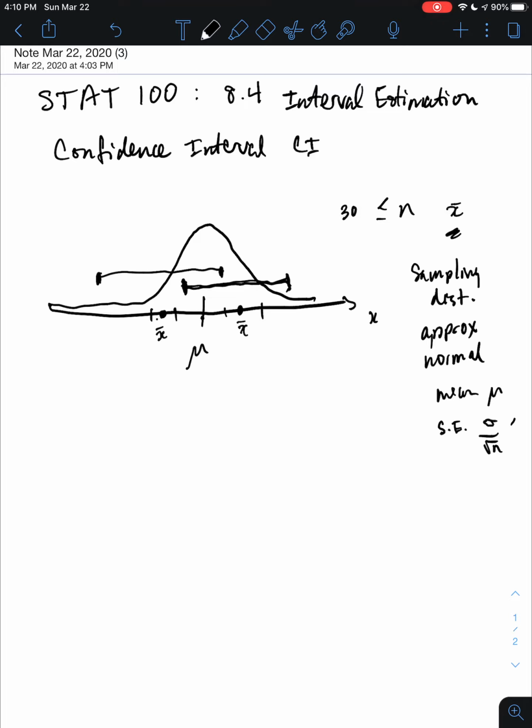Well, you're going to capture mu as well, because you were close to mu. That means mu is close to you. I like the way that rhymes. So your interval is different from mine, but it still captures mu.